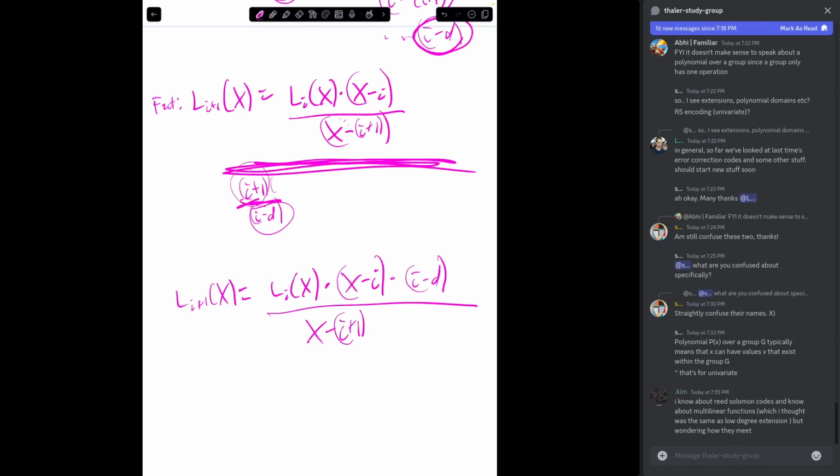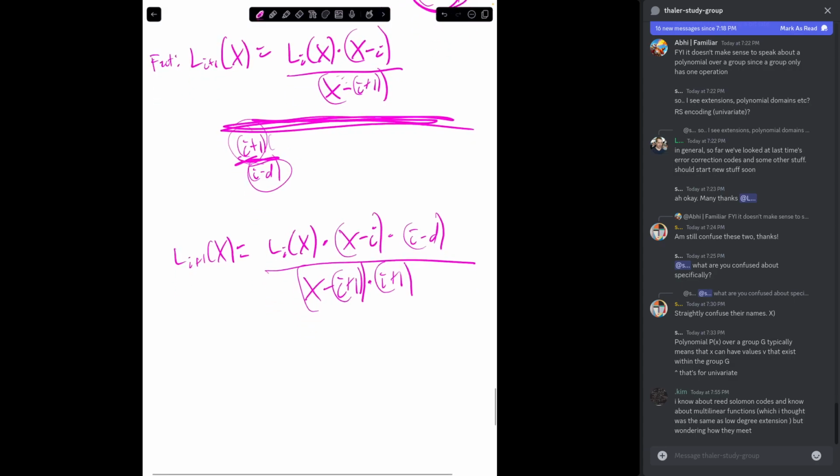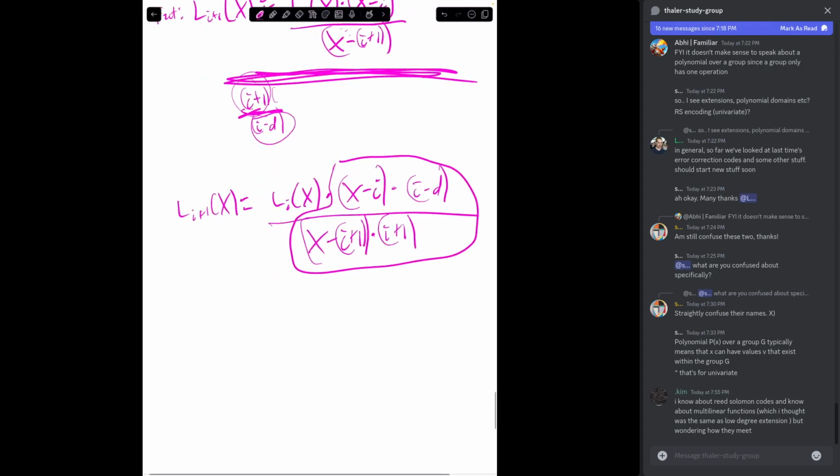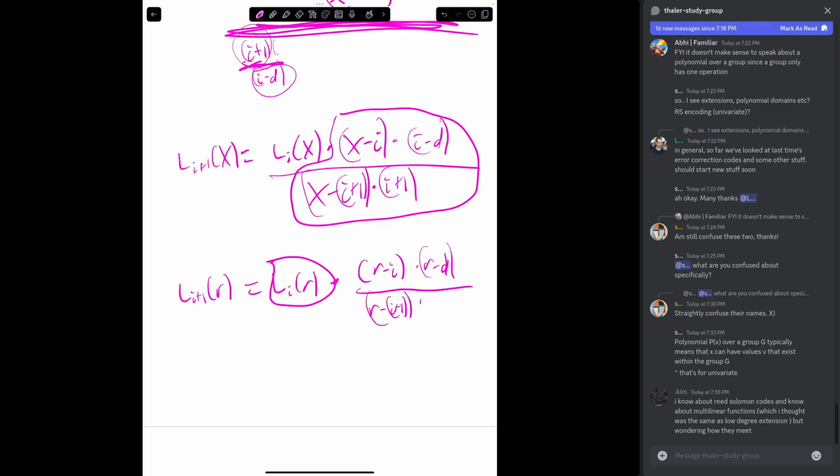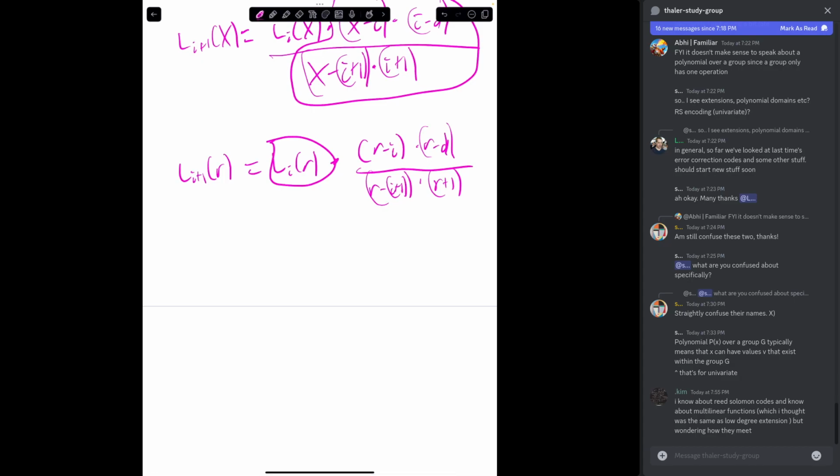So I think this is the right expression. Which means if I already know L_i(r), I can get L_{i+1}(r) just by taking L_i(r), multiplying by (r - i) times (i - D), and then dividing by (r - (i+1)) times (i + 1).